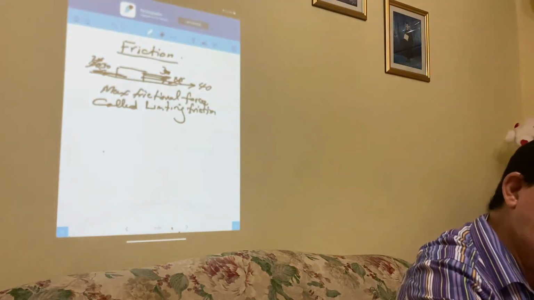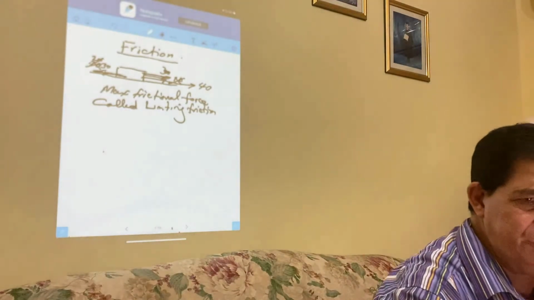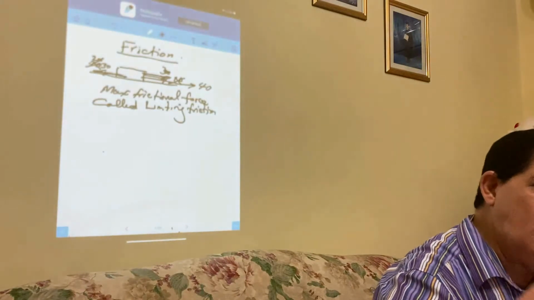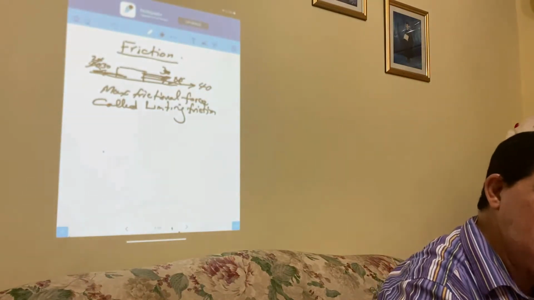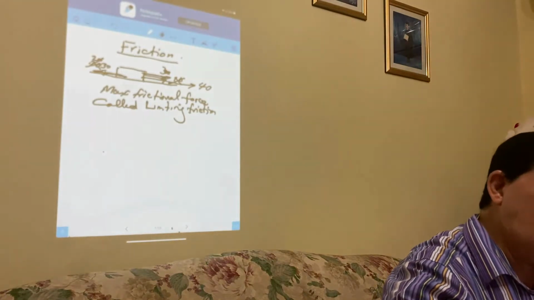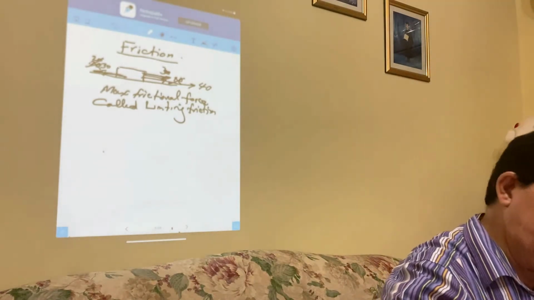The frictional force will be a fraction of this normal reaction. The frictional force could be 1/3 of the normal reaction, could be 1/4, could be half. What do we call that fraction? We are going to call that fraction the coefficient of friction.